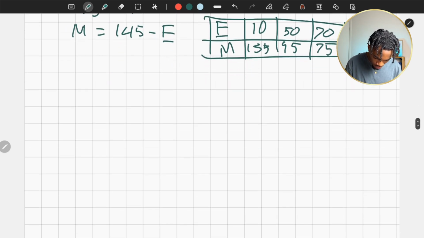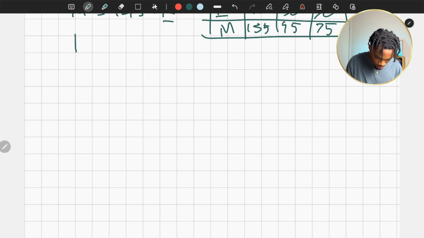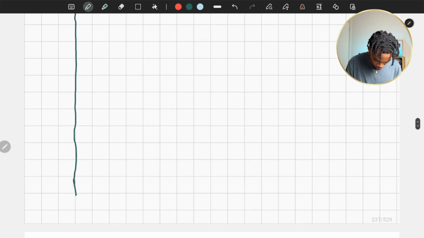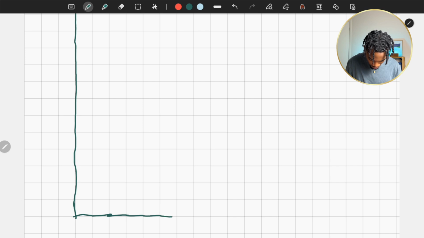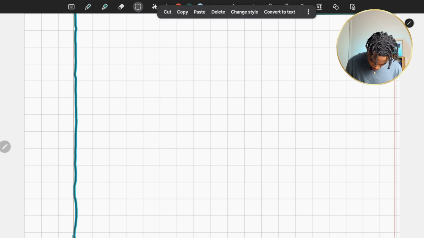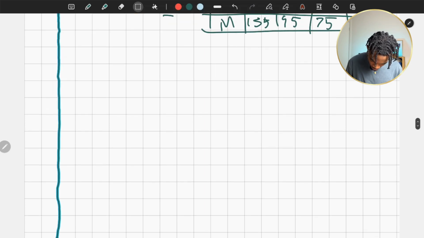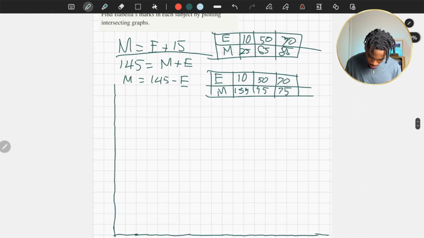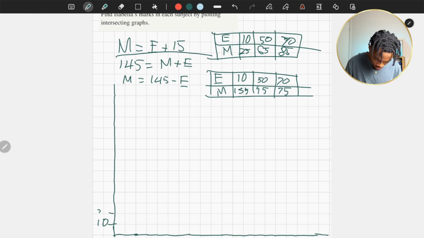Now I'm just going to plot the points. Let's set up the axes, counting 1, 2, 3, up to about 20 along one axis, and 10, 20, 30, up to 100 on the other.